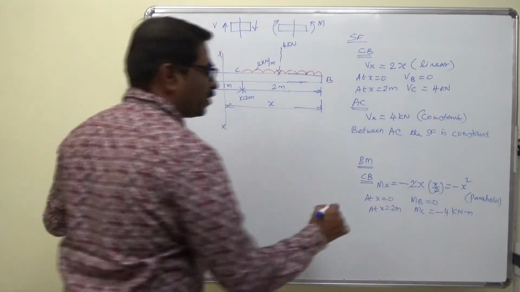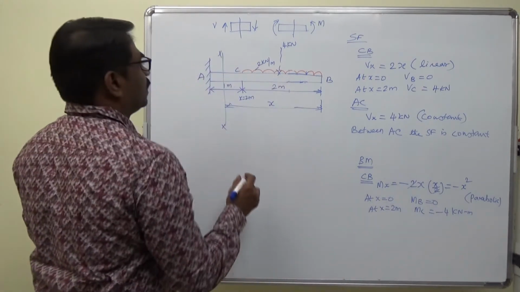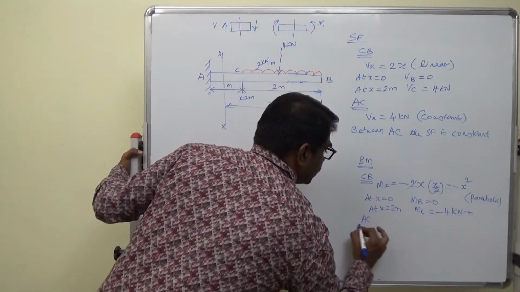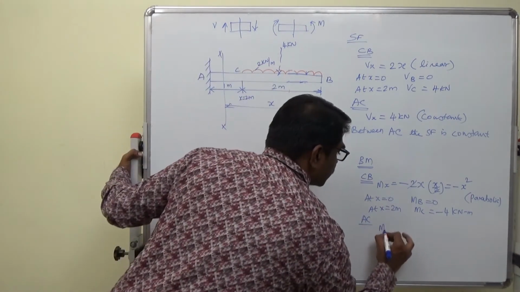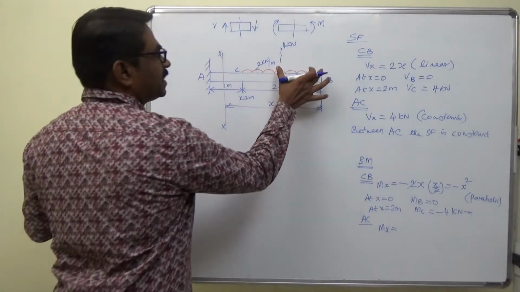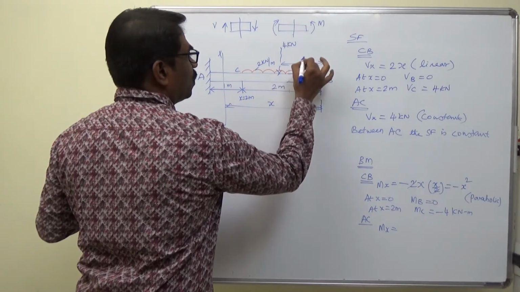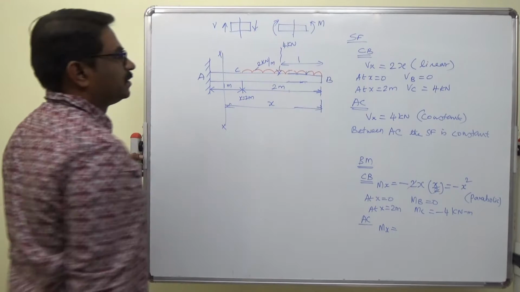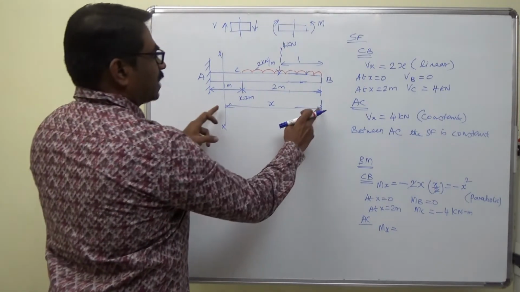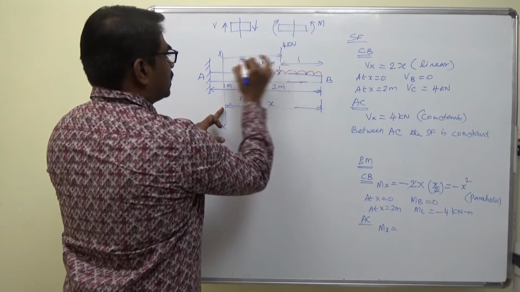So now we will find out the bending moment. In the segment AC, Mx equal to, what is this distance? 1. Okay, so x minus 1 is this distance.